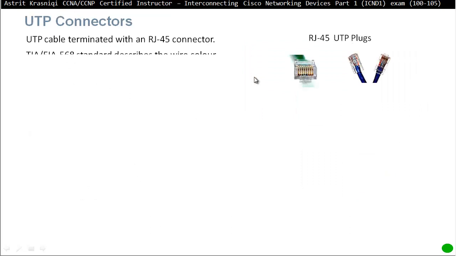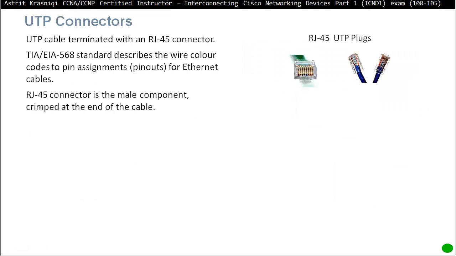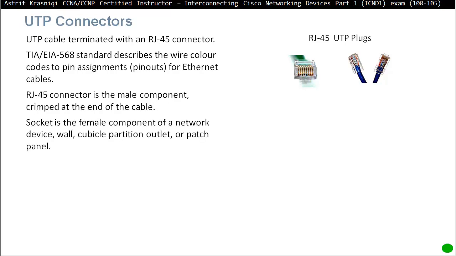Unshielded twisted pair connectors. The unshielded twisted pair cable terminates with RJ45 connectors. The TIA/EIA 568 standard describes the wire color codes to pin assignments, the pinout, for Ethernet cables, which you're going to see on the next slide. RJ45 is the male component crimped at the end of the cable.